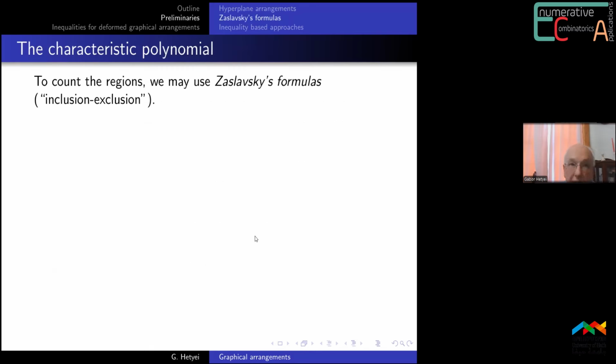I am still learning how to count regions in a hyperplane arrangement. I arrived learning about this topic decades later than people who are really doing this. From my perspective, it seems that one key approach is to use Zaslavsky's formulas, and my research is not about this.